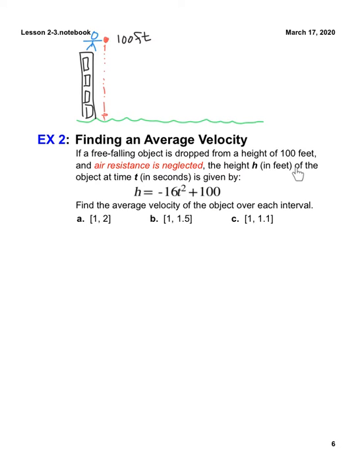Then the height in feet of the object at t times in seconds is given by this equation here. And so I'm going to go over how to come up with this equation on your own. But this negative 16 in front of the t squared is always there because it's the force of gravity when we're dealing with feet, always by seconds.